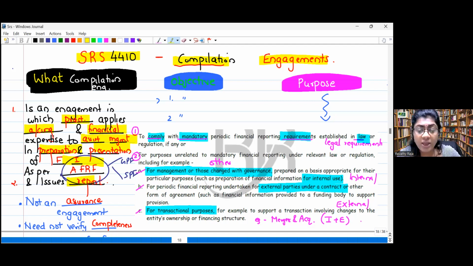Are we supposed to verify the completeness and accuracy of information provided by management? No, because it is not an assurance. So that is the first part. Second part, objective. Our objective part is the same. Perform procedure, give the report. The same data.